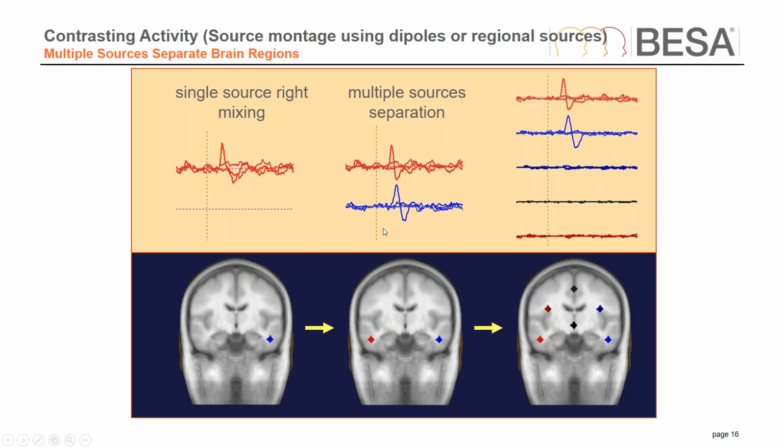If we, however, place two sources separated, one in each temporal lobe, then we can see that the signals from both lobes can be separated. And now we can see that one signal is actually earlier than the other one. In this case, the red one peaks earlier than the blue one. And I can also put additional sources in the brain at other locations to check if these brain regions have activity. In this example here, they don't.